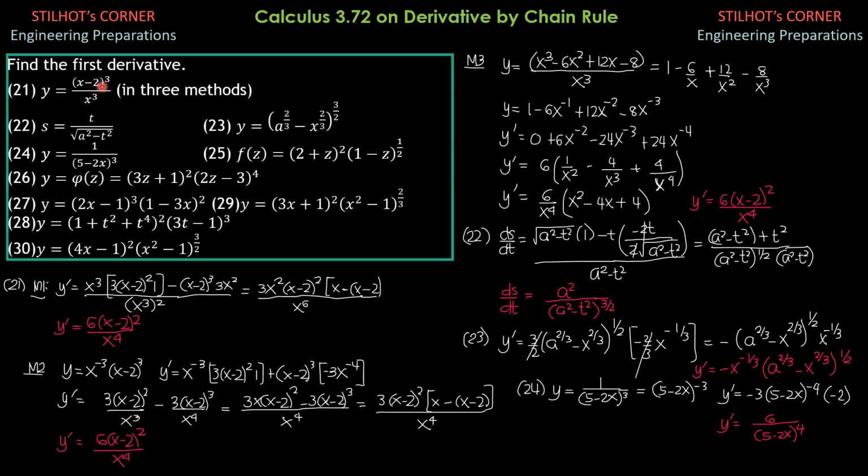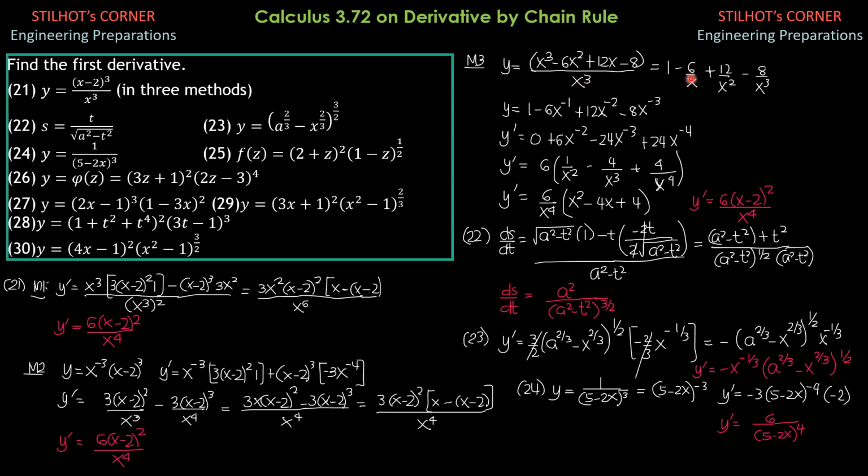Then cube of negative 2, cube of the second, so negative 8 all over x cubed. Then we divide each term by the expression in the denominator. So x cubed over x cubed is 1, negative 6x squared over x cubed is negative 6 over x. Then 12x over x cubed is 12 over x squared minus 8 over x cubed.